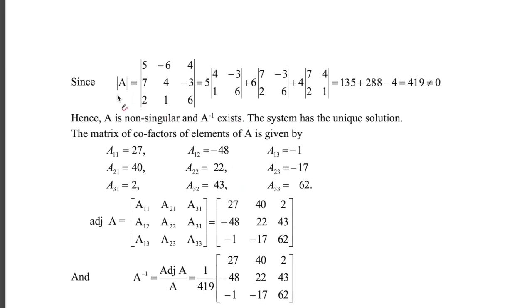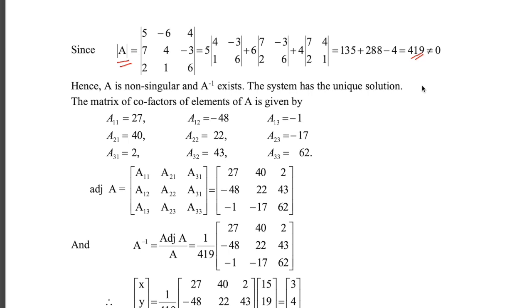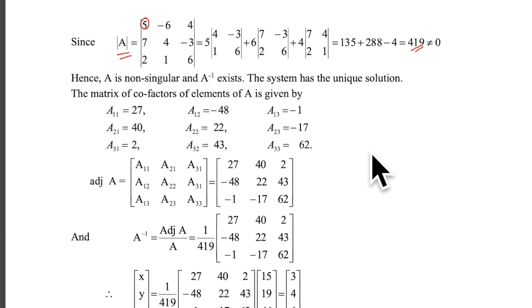You first need to calculate the determinant of A, which will be 419, and then the cofactors of each component of A. For example, the cofactor of 5 we denote by A11.